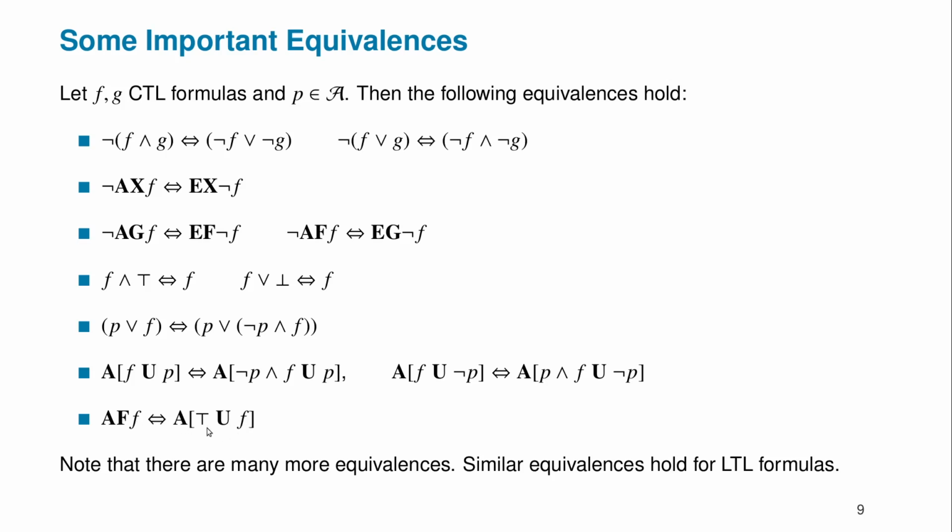There are many more equivalences. We could also formulate them for existential quantification. We could also, what I did not mention, what also is often used is the elimination of double negation. If we have a formula not not F, this is the same as F, and so on. And the equivalences we have here and more equivalences also hold for LTL formulas, which could be very useful.